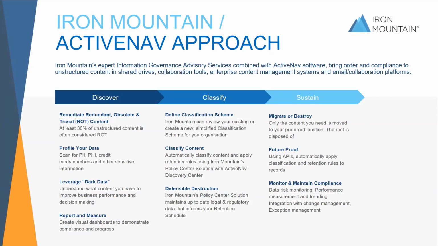So when we build out rules, some of them are just out of the box rules that we know to be true and can easily implement, and then some are customized. We can integrate ActiveNav with Iron Mountain's Policy Center solution, which we'll talk more about in a few minutes, in order to map the content to your records retention schedule and classification scheme.